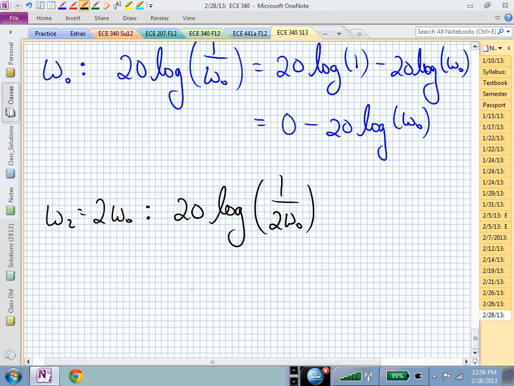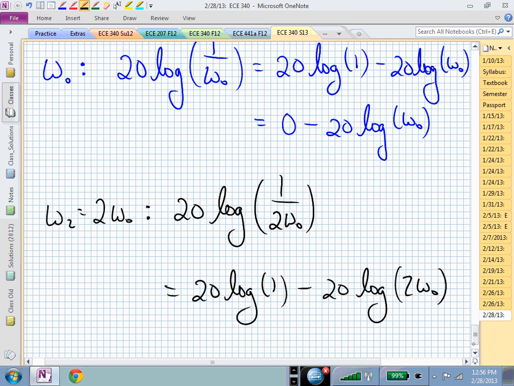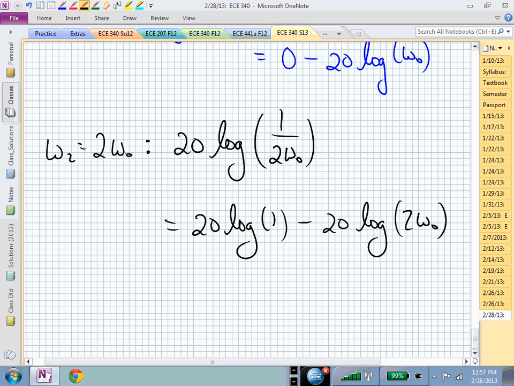But now if we do the same analysis that we just did, we have 20 log of 1 minus 20 log of 2 omega naught. This was 0.